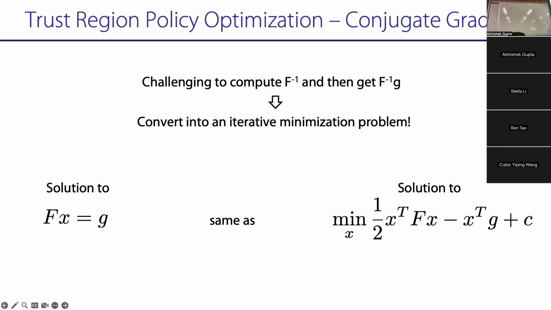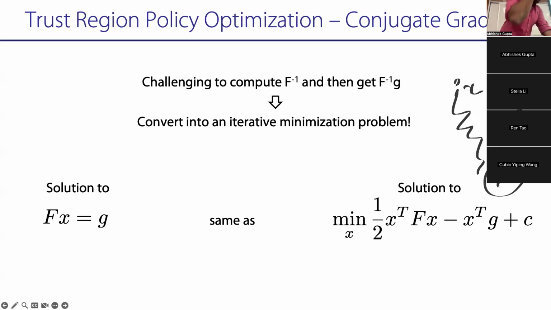Basically what we've said is x is the solution to Fx equal to g, and that is the minimum of a higher order optimization problem, which in this case is a quadratic. If I could solve that, I get the x that gives me F inverse g without ever needing to invert. So I start at some random x, do some optimization, and it gives me x star, which is basically F inverse g, and I use that as my gradient.